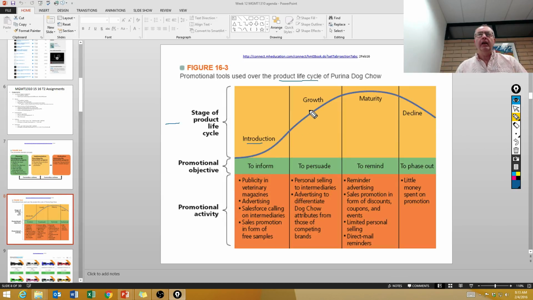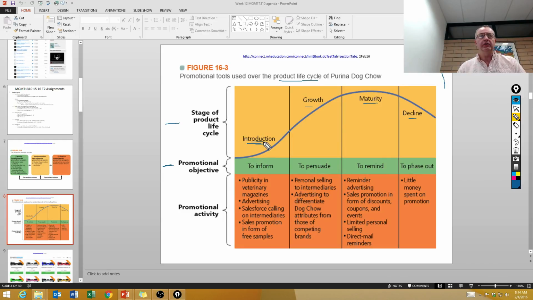Then products tend to go through a growth period, and then sales and net income in the industry plateau, so the industry matures. Eventually products become obsolete because they get replaced by other products, and sales and profits go into a decline period. At these different stages of the product life cycle, the advertiser has different objectives that they want their advertising to achieve.